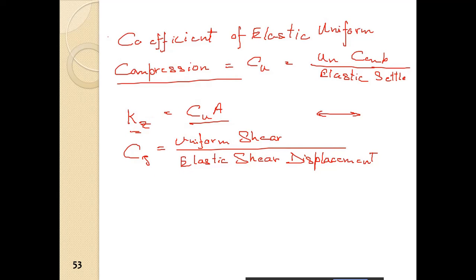Similar to this, we can relate C tau with the horizontal stiffness in the block foundation. When the block is moving in the horizontal direction, we can relate that to Kx or Ky, which is equal to C tau into A, where A is the area of the base of the foundation.